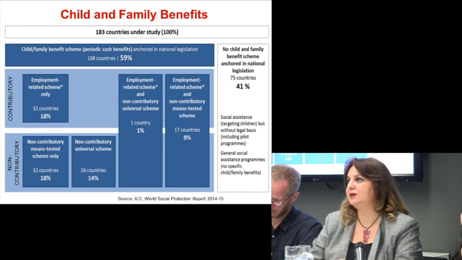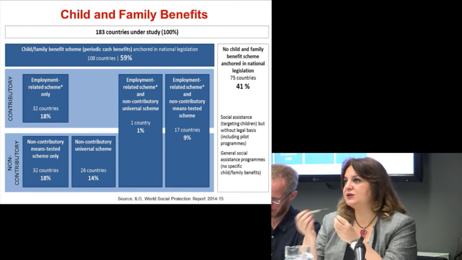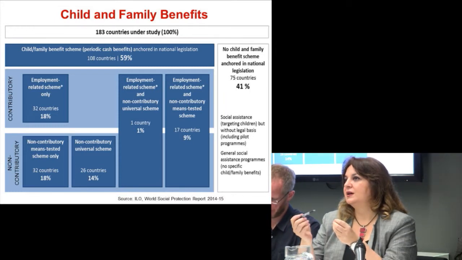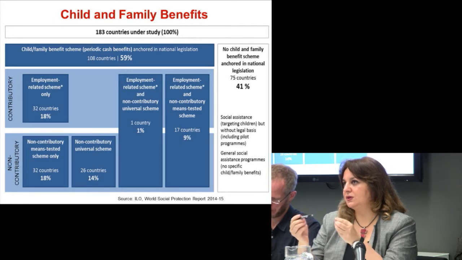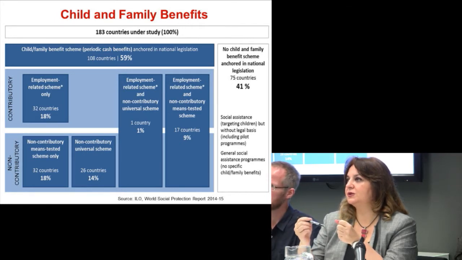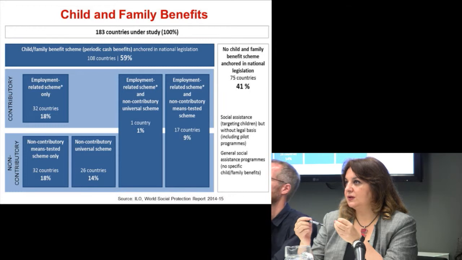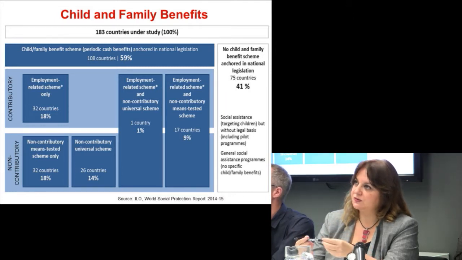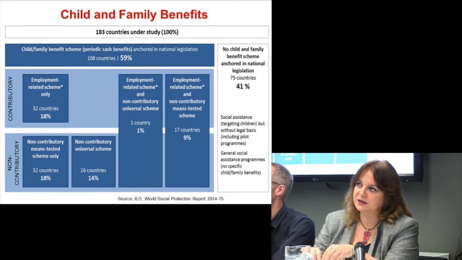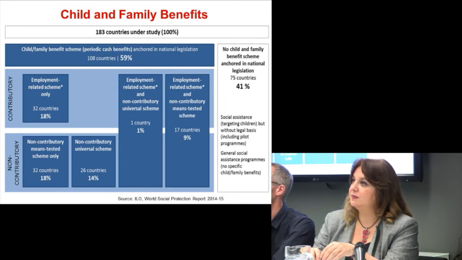And what we have done here is seeing how systems work. And what you see again is this fact. You see that some schemes are contributory, some schemes are non-contributory. And of the whole countries that we have information for schemes for children and families, which is 108 countries, the majority of them, 59%, do have a mix of contributory and non-contributory systems.